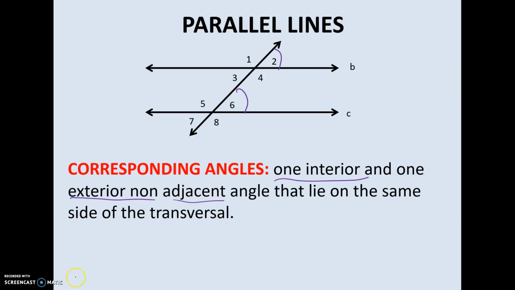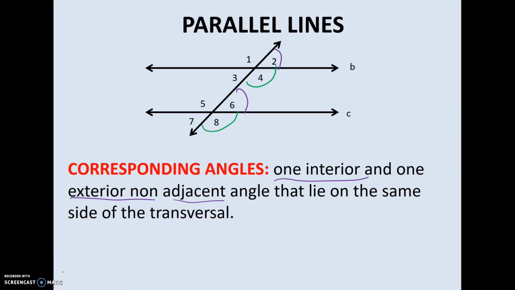Let's look for another set of angles that are corresponding. On that same side, angle 4 would correspond with angle 8. Again, on the same side of the transversal, but angle 4 is on the inside, and angle 8 is on the outside.